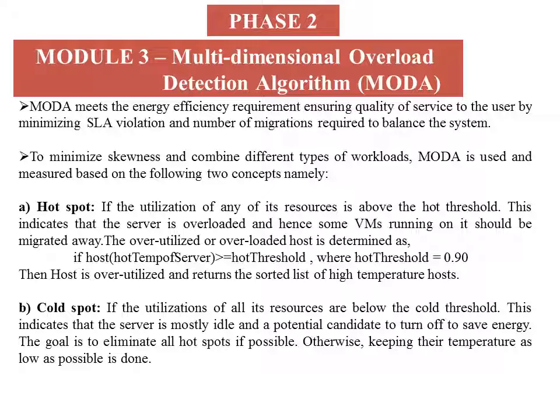So the virtual machines move from the overutilized host to the underutilized host, whereby the migrated VMs start running and performing better in a cold spot rather than in a hot spot, where there is much overloading and less quality of service obtained.